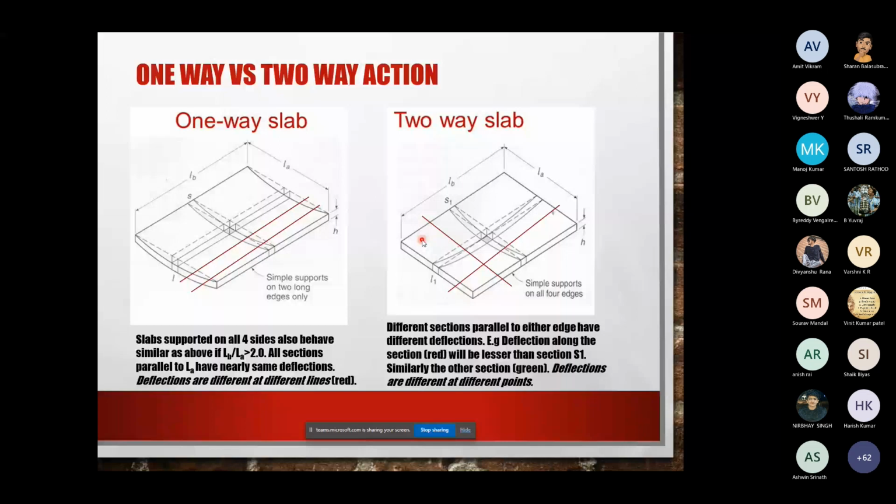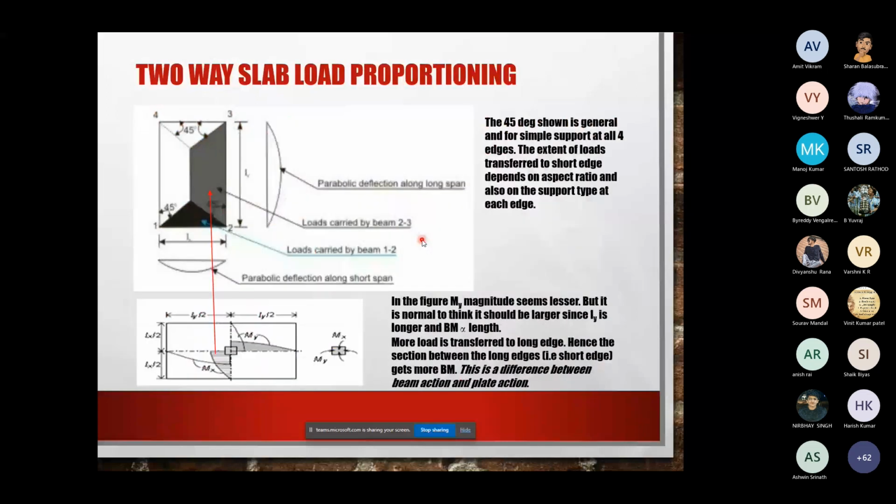Now, any slab which is actually supported on all four sides, it's not just a two-way slab, even for one-way slabs, if you have a slab which is supported on all four sides like this, this is how you calculate how much load comes to each of the four beams.